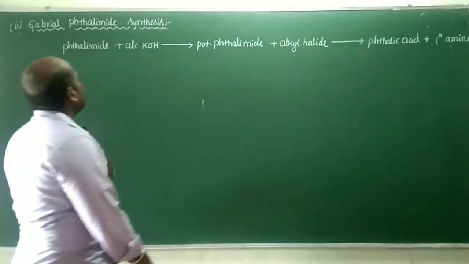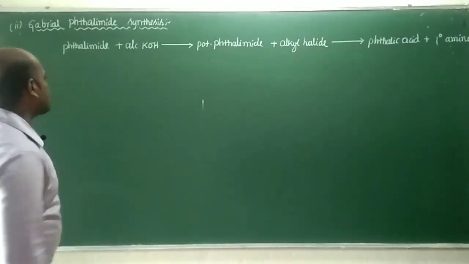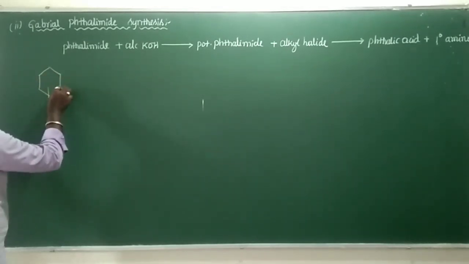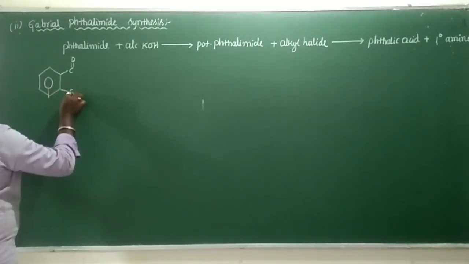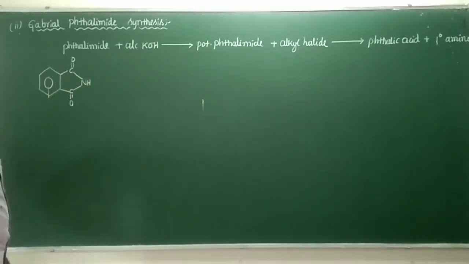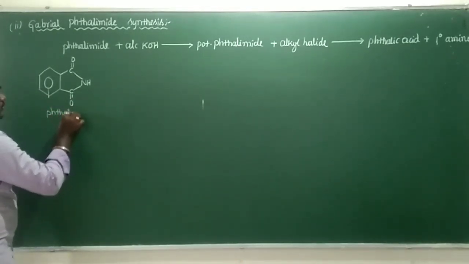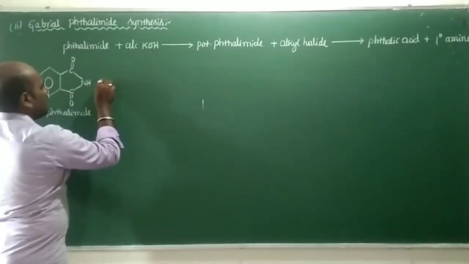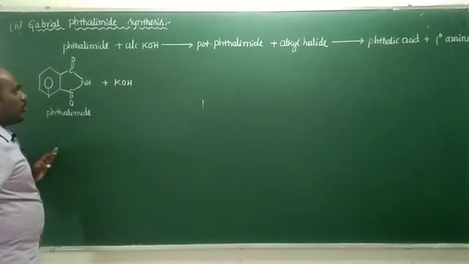And now we shall go with one simple example so as to explain the Gabriel phthalimide synthesis. So first we need to consider phthalimide. This is phthalimide. So phthalimide has been taken and this is supposed to be reacted with alcoholic KOH.